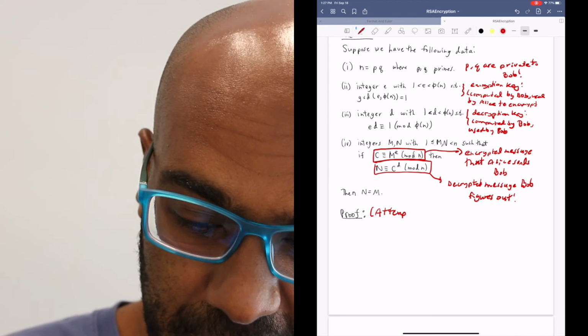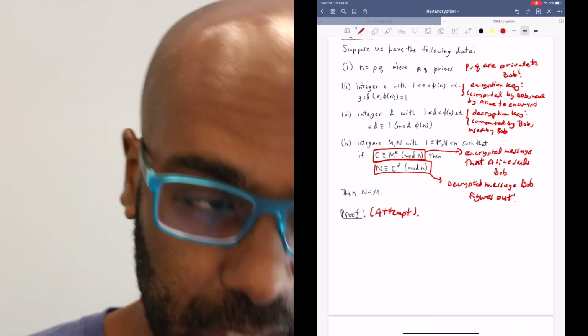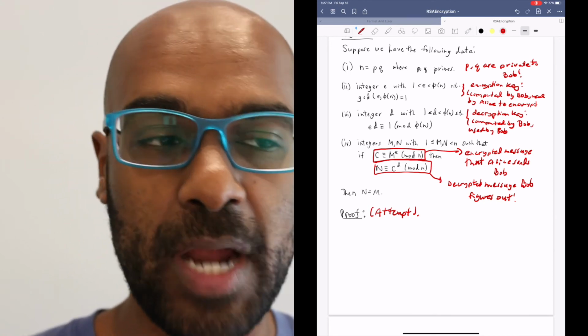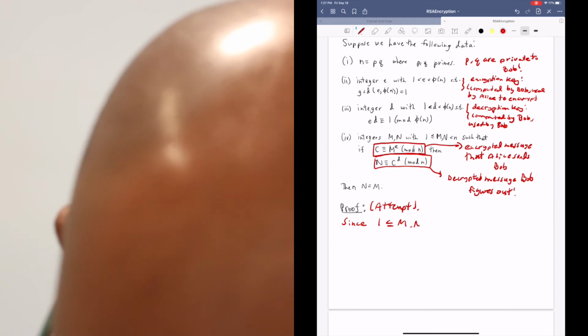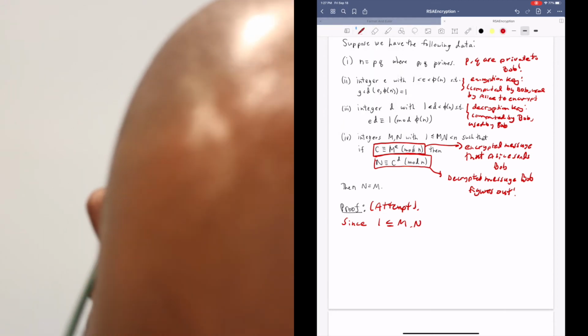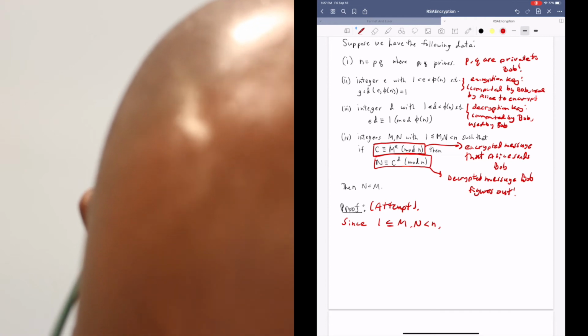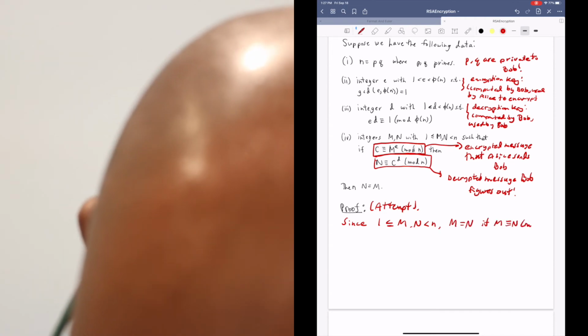Okay, so let's give an attempt at a proof, which is going to turn out to be not a correct proof, but it's a good first try. Since both of these numbers, capital M and capital N, are between 1 and little n, M equals N if they're congruent mod n.